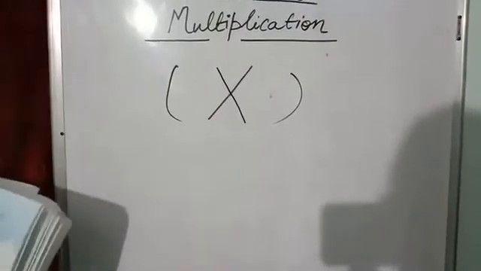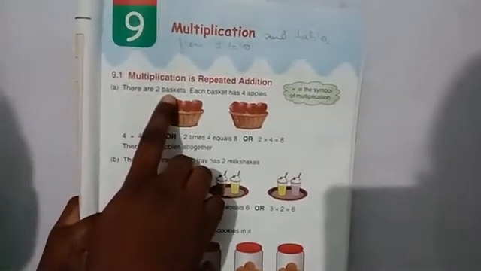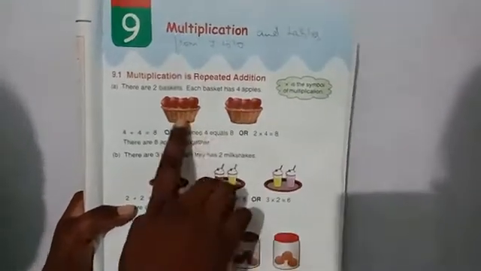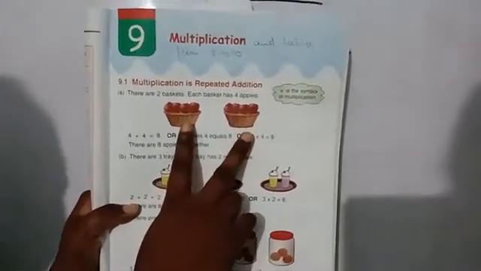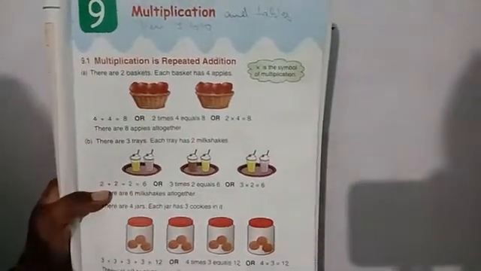Now see on page number 73. On page number 73, the first example is given in your book. There are two baskets. Each basket has 4 apples. You can see here 2 baskets are there and each basket has 4 apples.